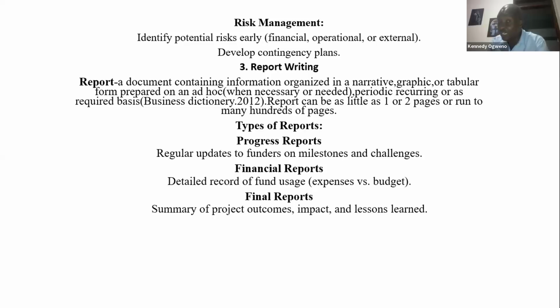That's why when we talk about the definition of a report, it's about a narrative and graphic form. So even this financial report can be in graphic method: this is what we've done in terms of percentages, and this is what we've used. That's a financial report.